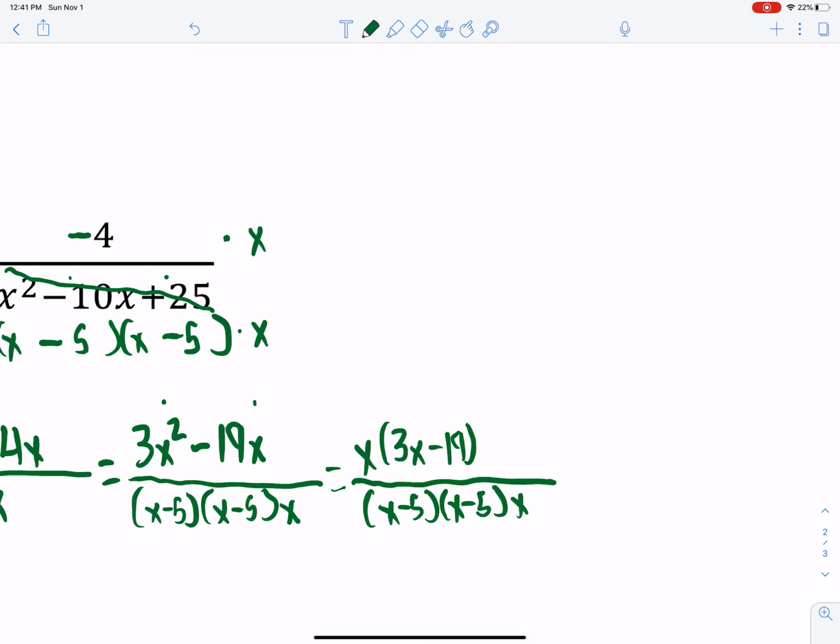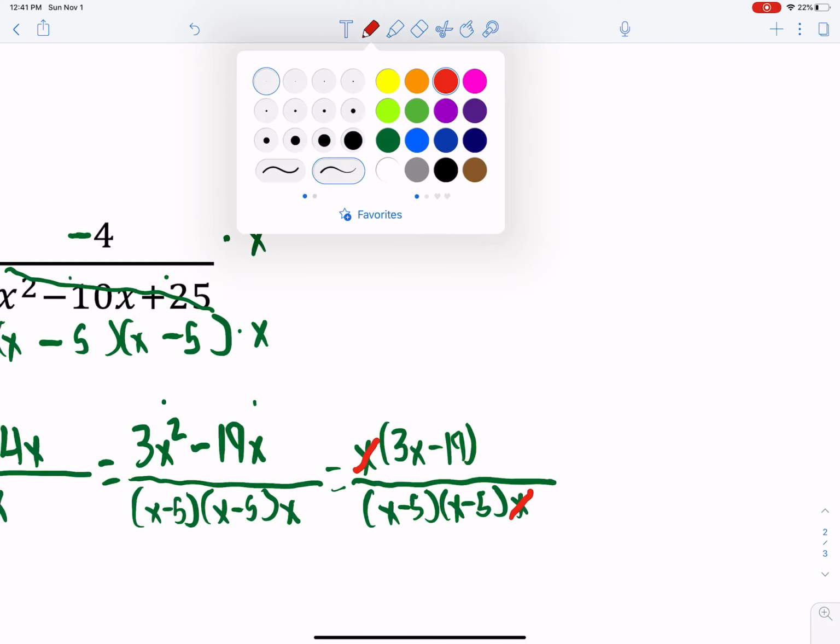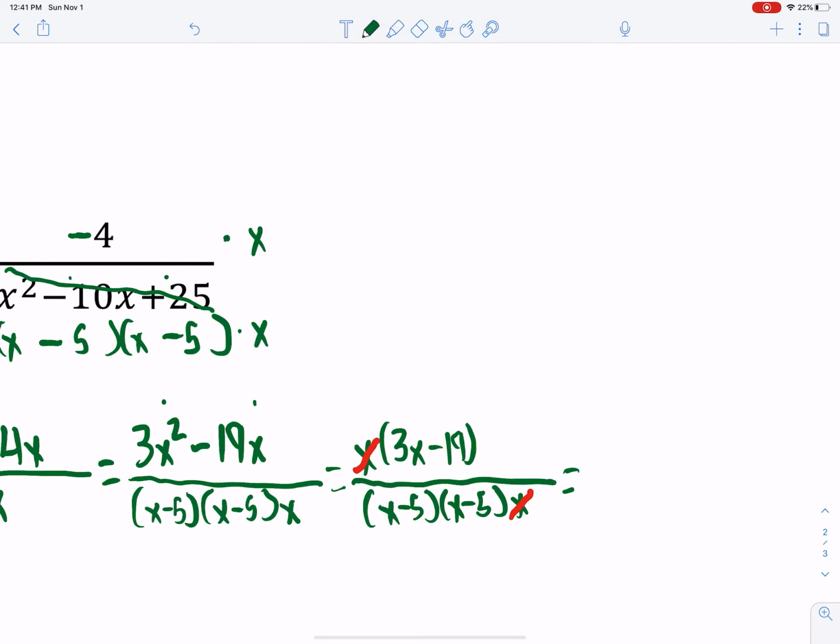And now you can see the top and bottom part are both divisible by x. So we cancel that out on the top and the bottom part. And our final answer is going to be, for the top, just 3x minus 19. And for the bottom part, we have x minus 5 times x minus 5.